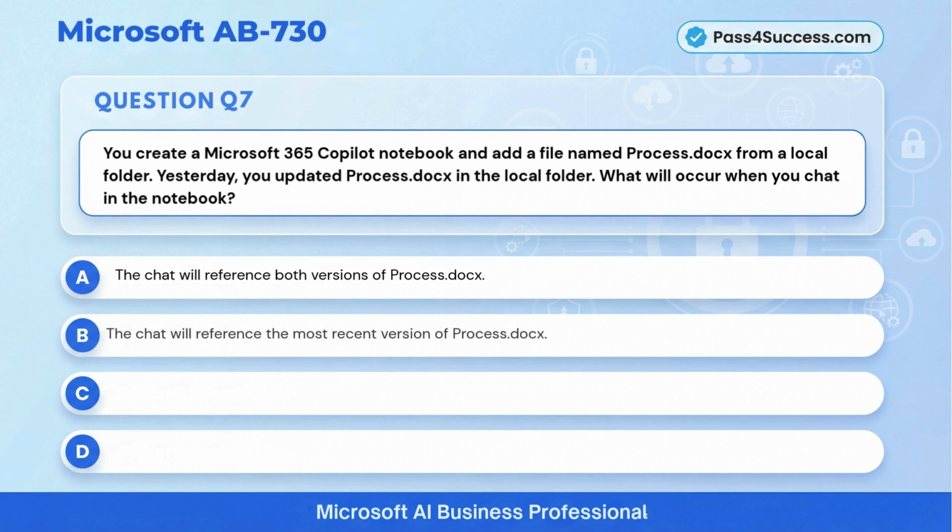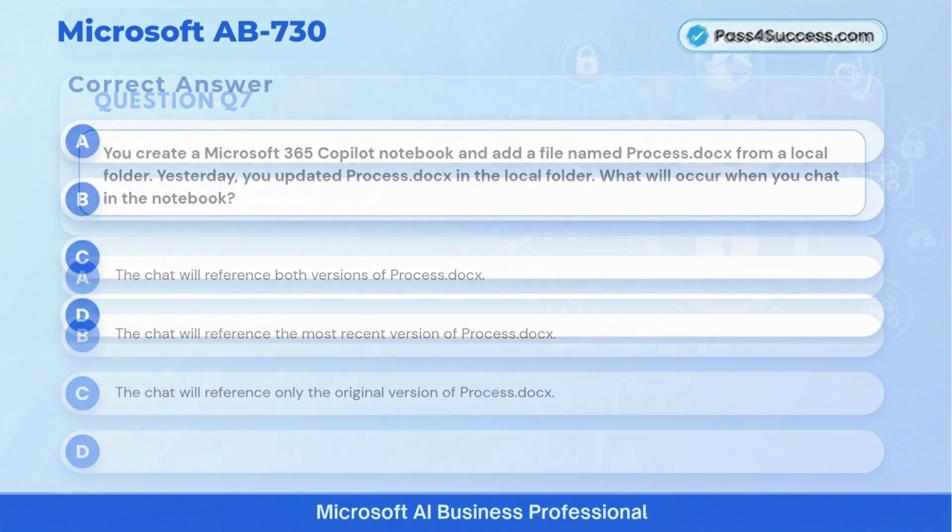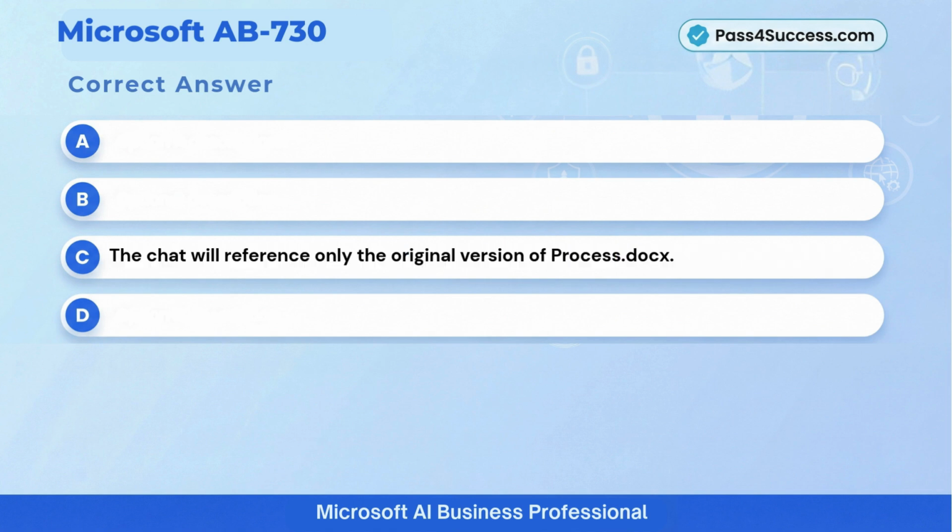Option B, the chat will reference the most recent version of process.docs. Or option C, the chat will reference only the original version of process.docs. The correct answer is C. The chat will reference only the original version of process.docs.